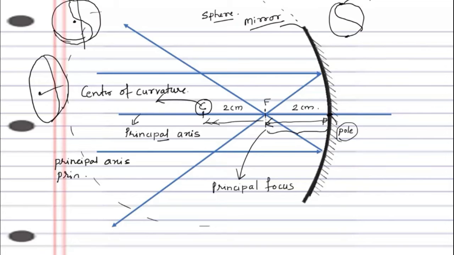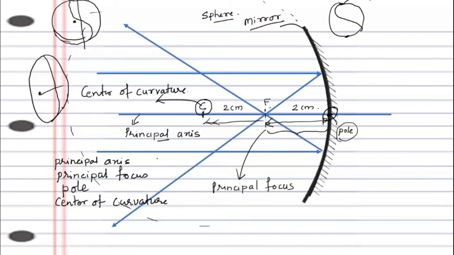So your eye should be on the principal focus, this one. And then after that, the pole. This is the pole. Then the center of curvature. Right? So this is the center of curvature.